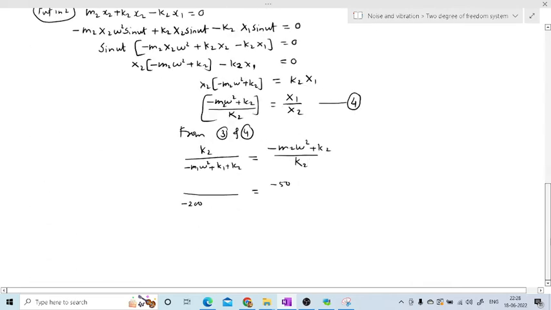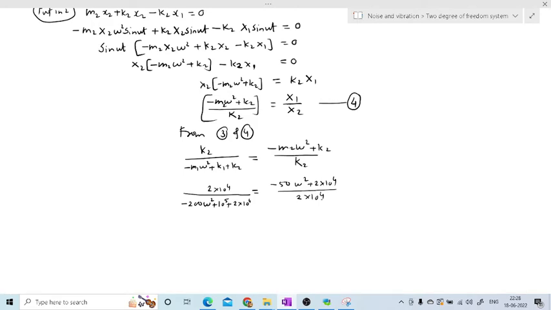So this will be omega square, k1 1 into 10 raised to 5, plus k2 2 into 10 raised to 4. Now here m2 omega square plus k2, 2 into 10 raised to 4, divided by k2, 2 into 10 raised to 4. Now just solve this equation so that you will get the solution.